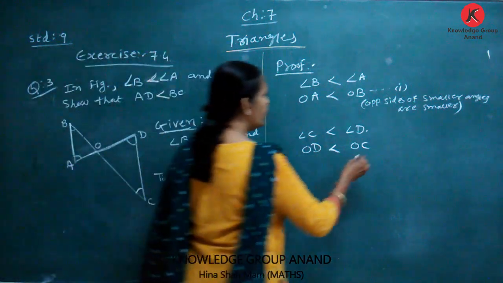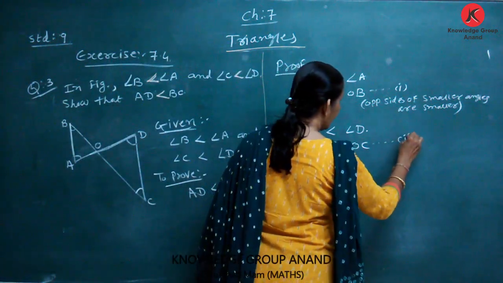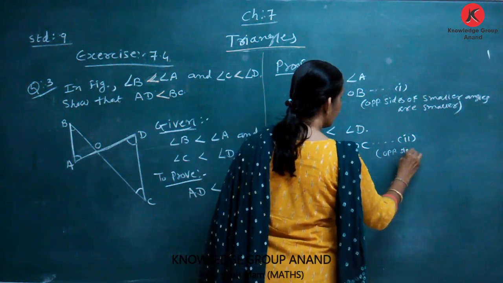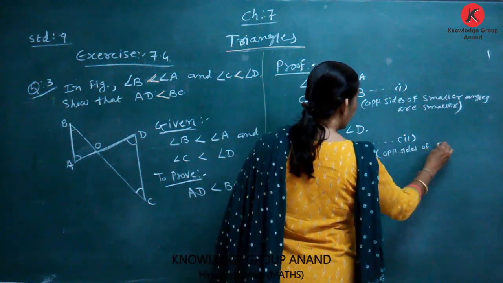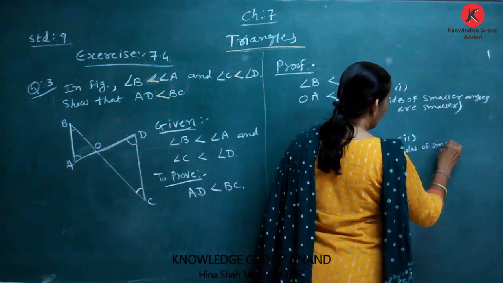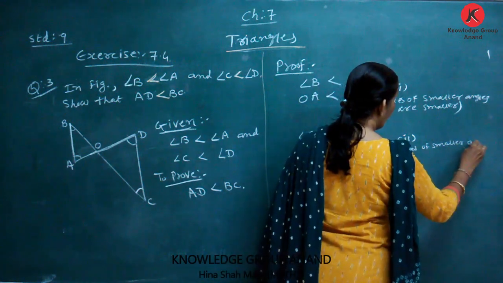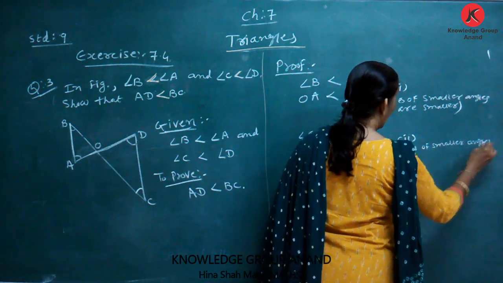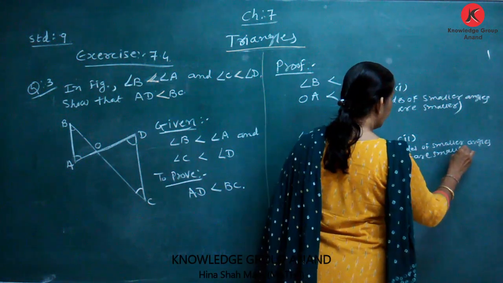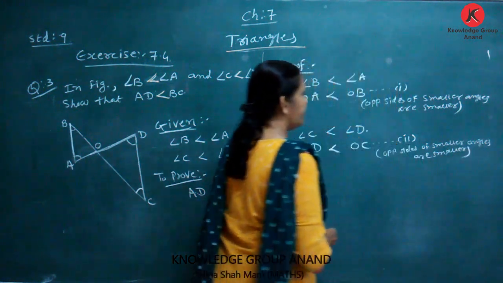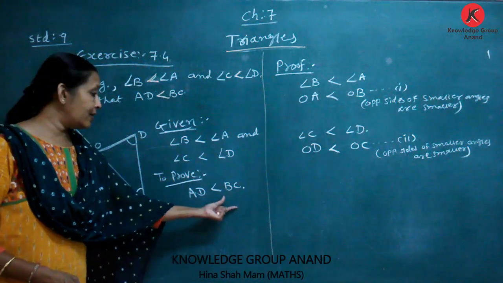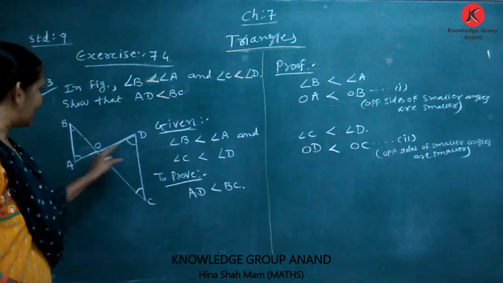Result number 2. Same result: opposite sides of smaller angles are smaller. We want here AD is less than BC.